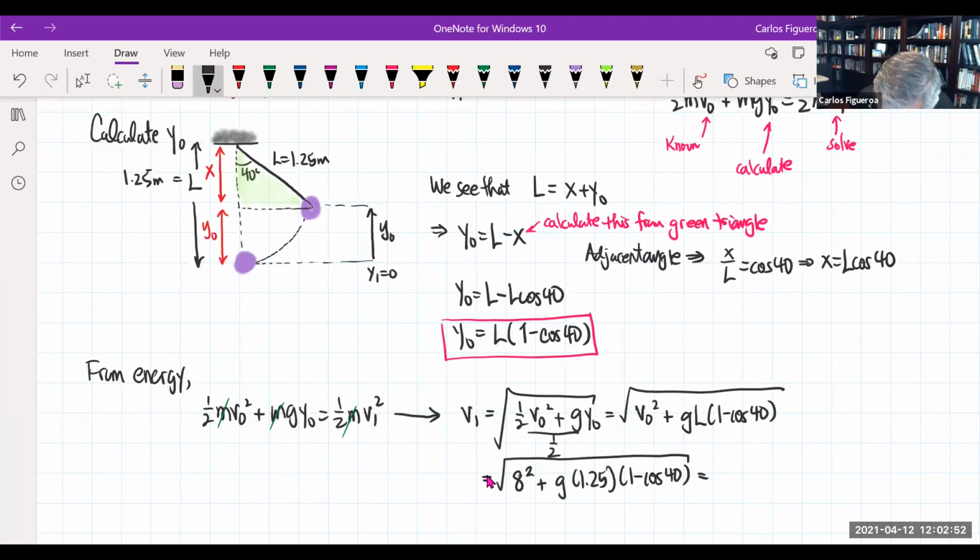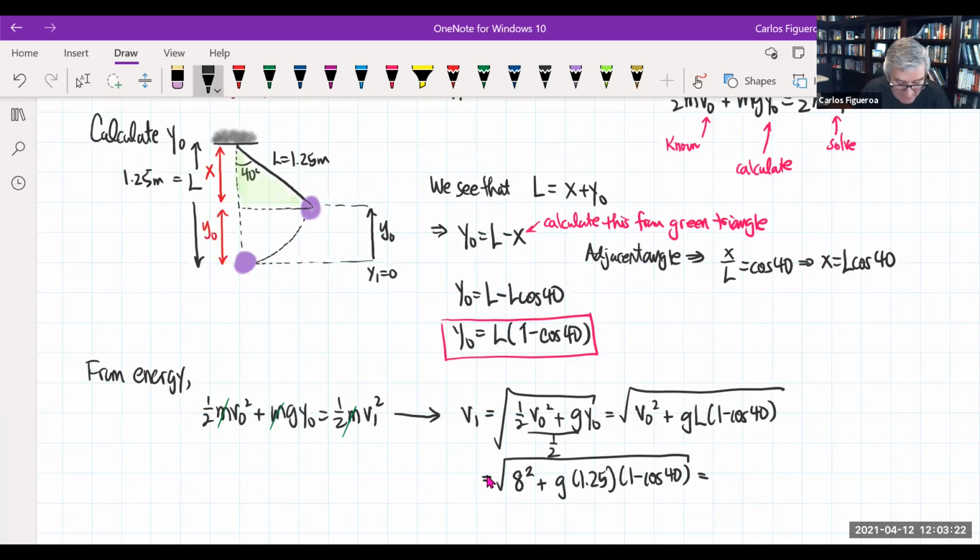So if somebody has a calculator, punch this in with me because I'm notoriously bad at putting things into calculators. So let's see if I can get this. Oh, okay.